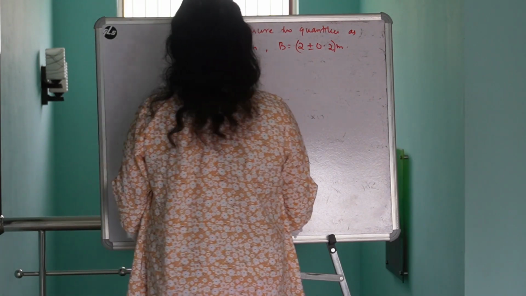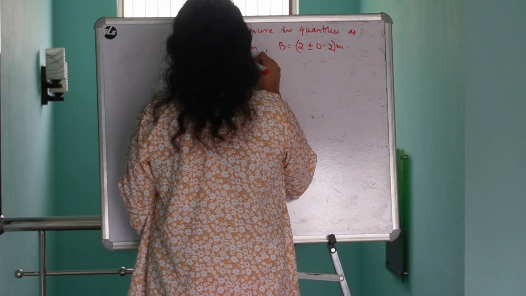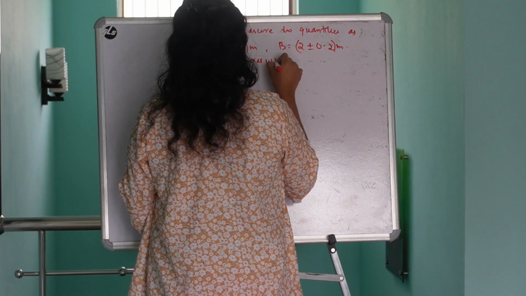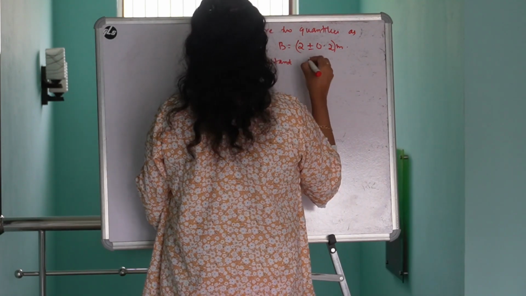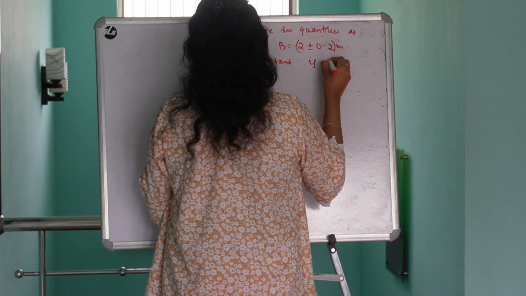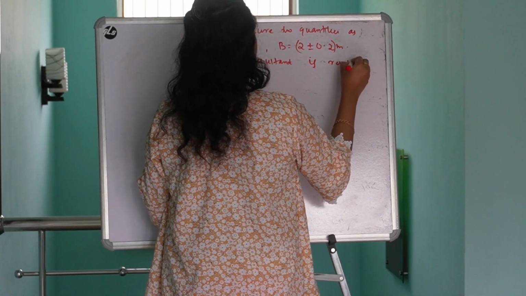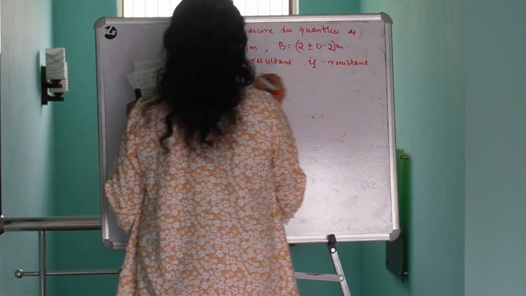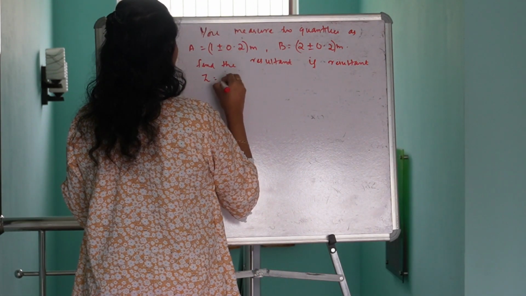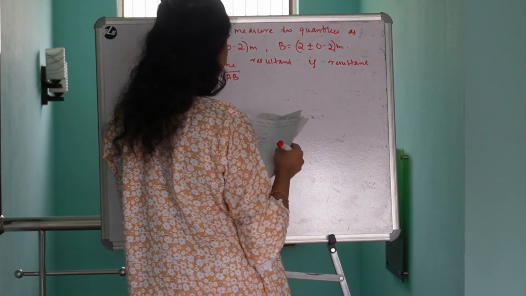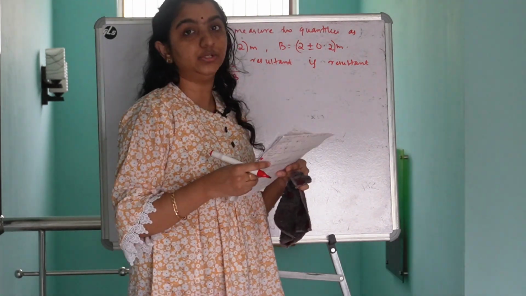Find the resultant if resultant Z is equal to root of A into B.